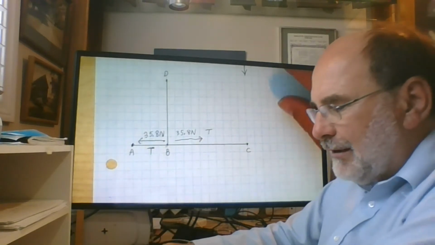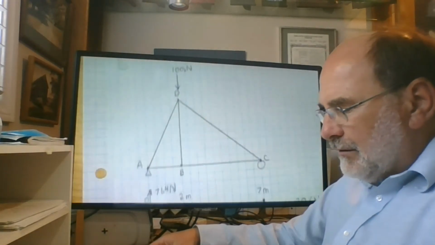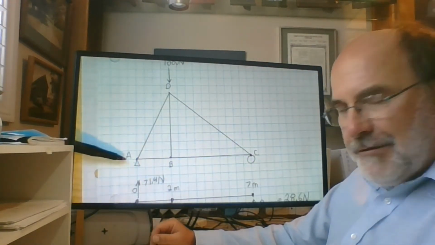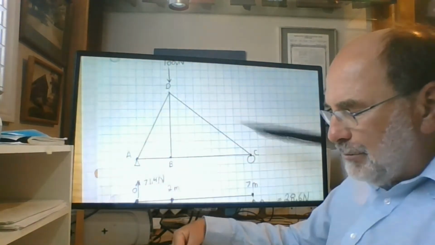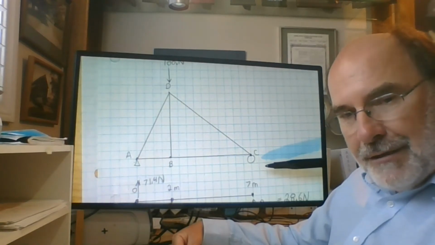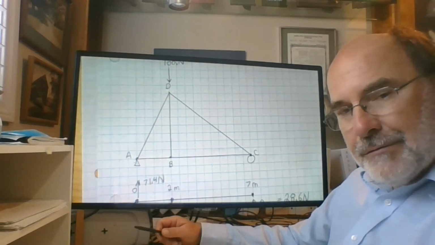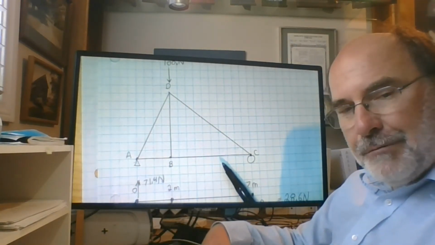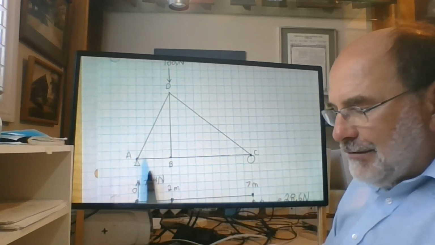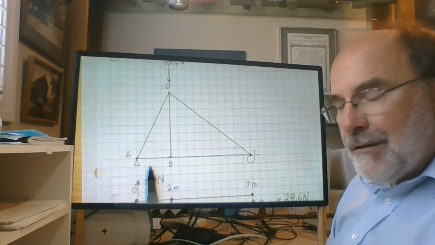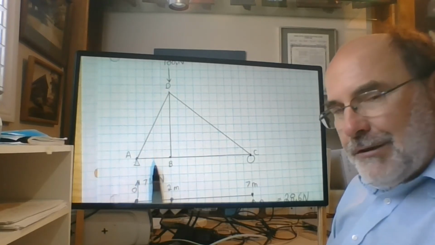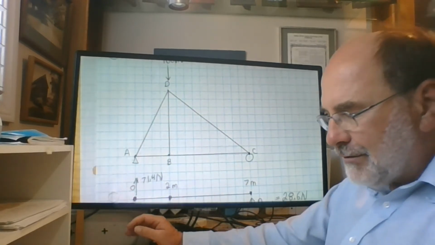It shouldn't surprise you too much to discover that B is being pulled to the left by A and it's being pulled to the right by C. They cancel out. So the 35.8 newtons of C pulling B to the right is canceled by A pulling B to the left. Therefore, tension AB must be 35.8 newtons.